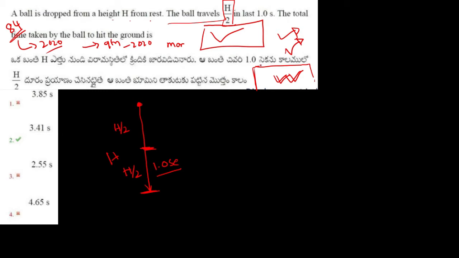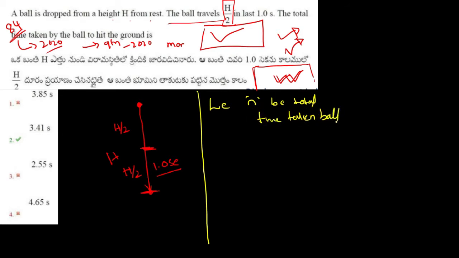Now we need the total time taken by the ball to hit the ground. We have to calculate the time from the start to the end. Let n be the total time taken by the ball. We know that displacement s is equal to ut plus 1 by 2 at square.